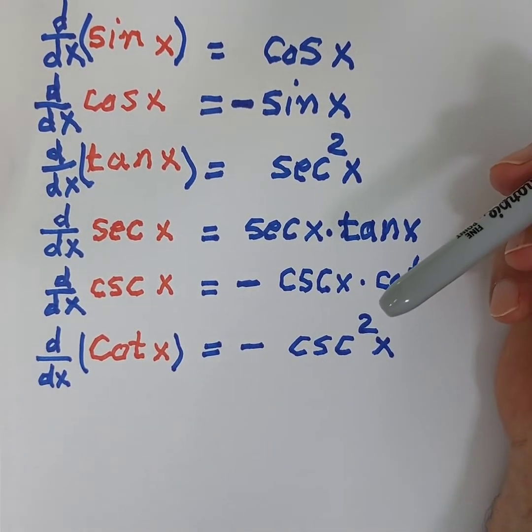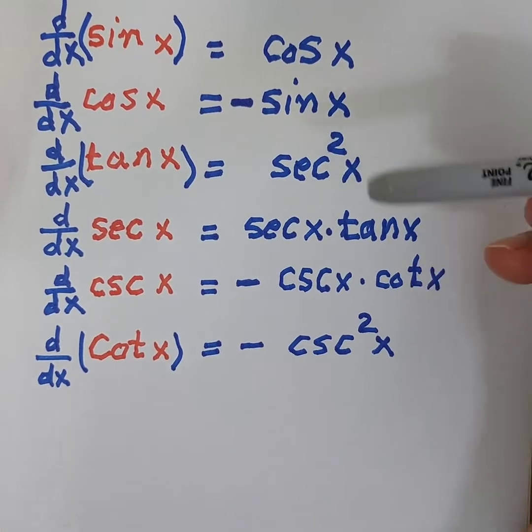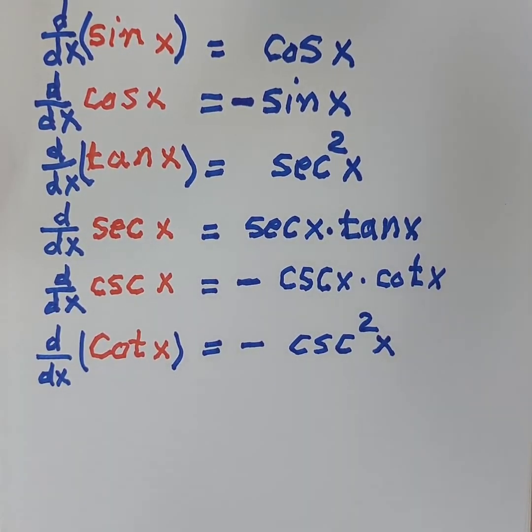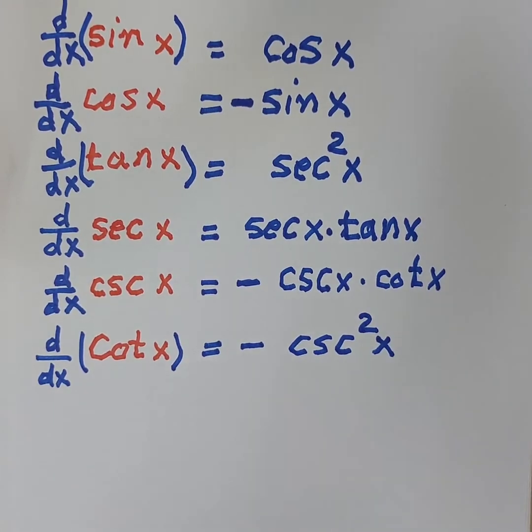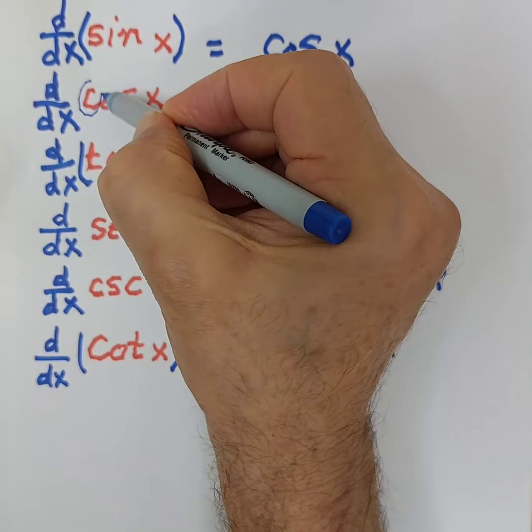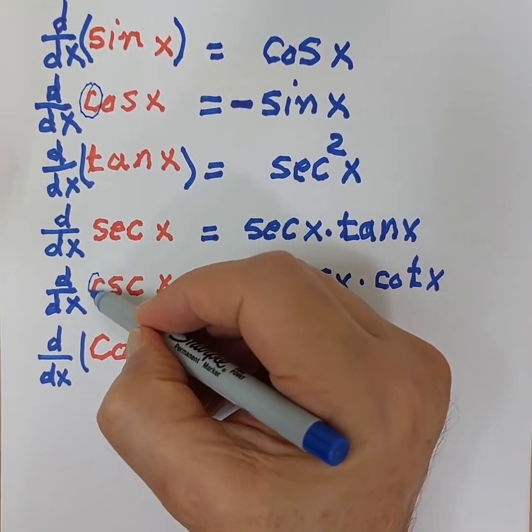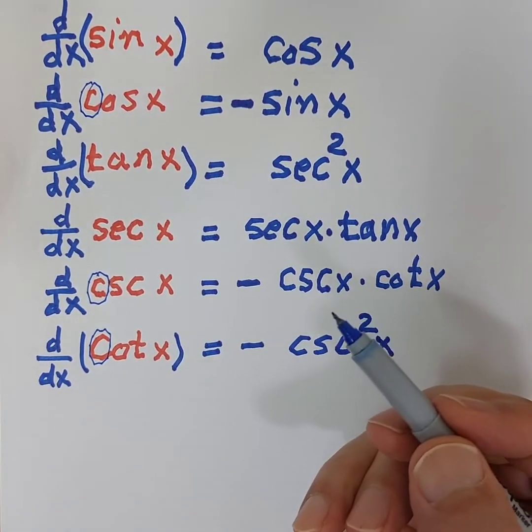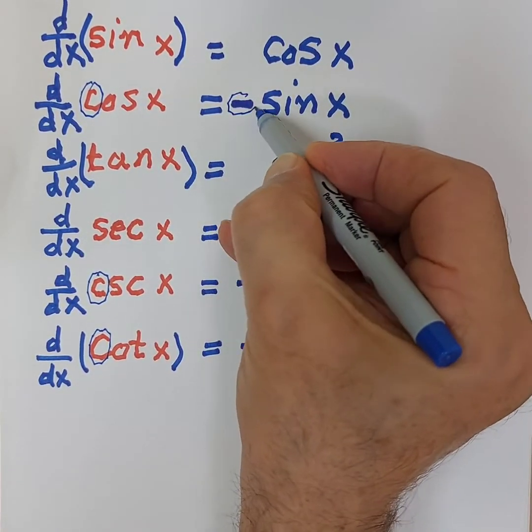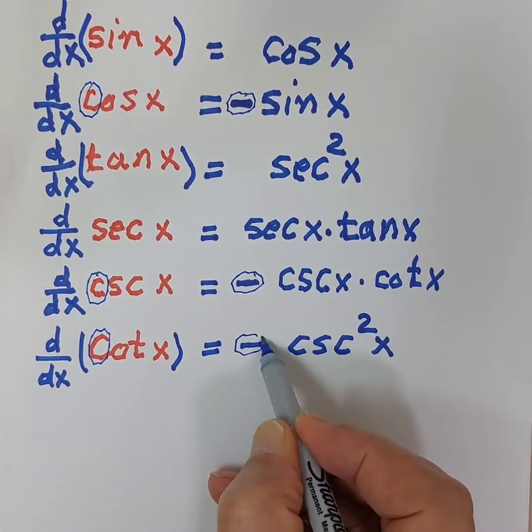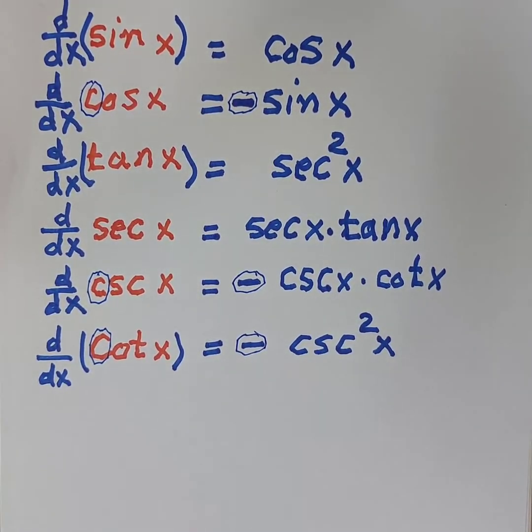I think you get a little confused about the minus here, and the others without minus. You don't need to be confused, because we can observe that any function that starts with the letter C, here, here, here, we put minus in front of its derivative. So it's easy to remember.